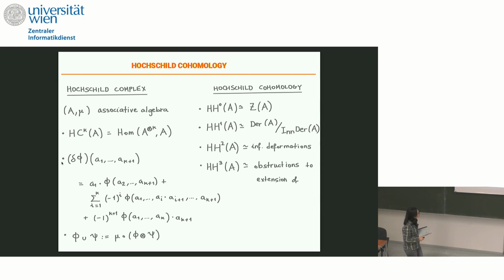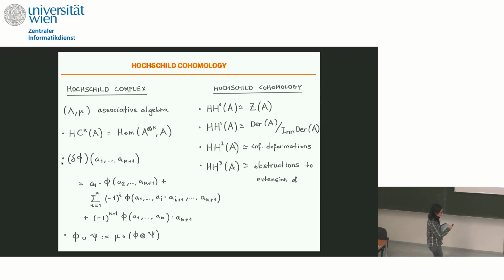And the differential is defined in a kind of easy way. You have this phi, which is a homomorphism with k inputs. Okay, and then I want to define an operator delta that increases the degree, right? I want this to be a differential. So how do I do that?